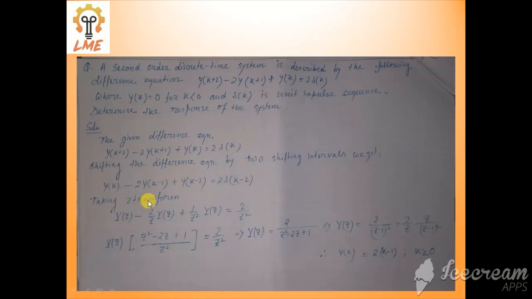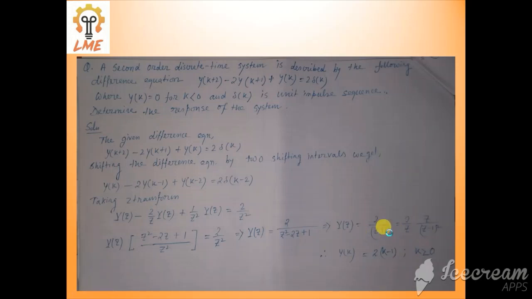If you perform the Z transform of this discrete difference equation, you will get the Z transform of y(k) is Y(z), Z transform of 2y(k minus 1) is 2 by z into Y(z), Z transform of y(k minus 2) is 1 by z square into Y(z), Z transform of 2 delta(k minus 2) is 2 by z square. Now this is simple mathematics, so from here you can find the value of Y(z). So Y(z) into (1 minus 2 by z plus 1 by z square) is equal to 2 by z square, which gives Y(z) equal to 2 by (z minus 1) square.